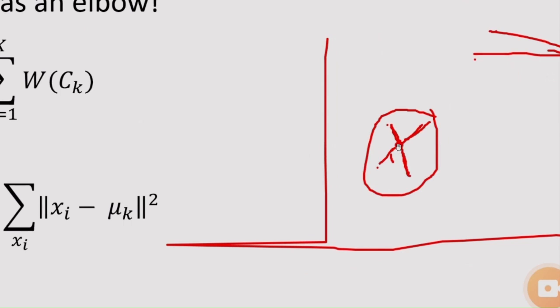This is the cluster center. And in this cluster, how many points are there? 1, 2, 3, 4. Can you see those 4? So the distance of each point from its cluster center is called an error in this elbow method, which means that the closer you get, the smaller the error will be.